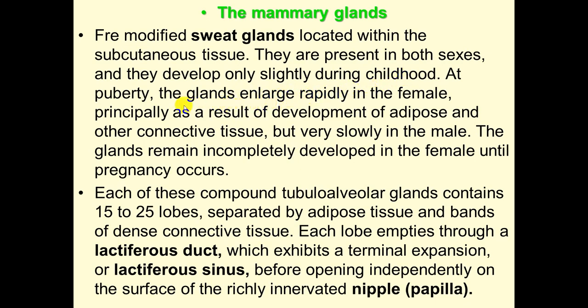At puberty, in females, the glands enlarge rapidly, principally as a result of development of adipose and other connective tissue. In males, they develop very slowly and don't become large.